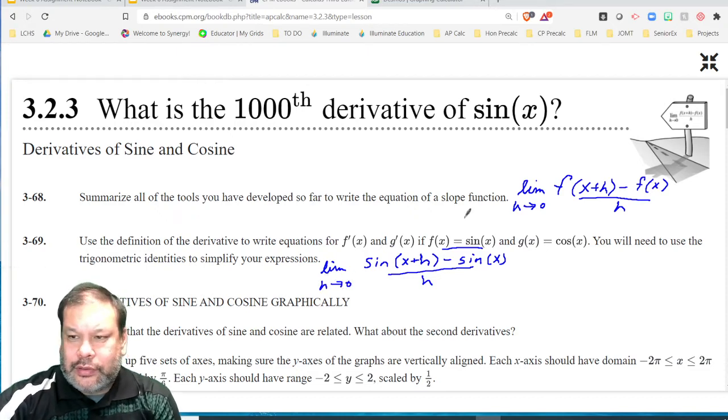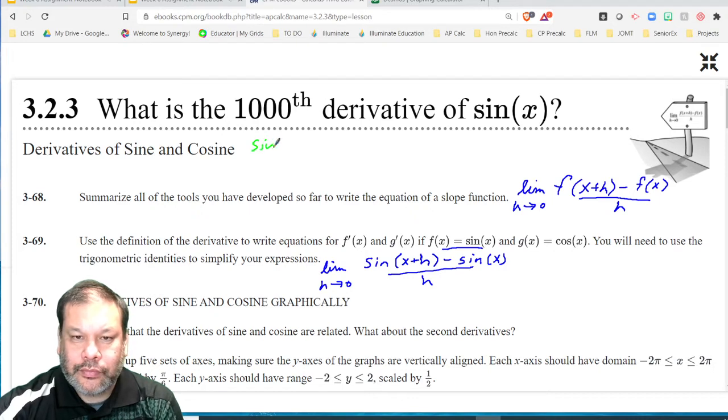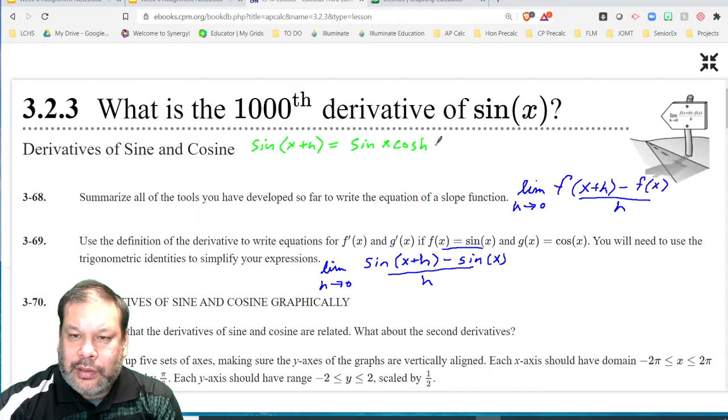So this is where the trig identity or angle sum identity comes in handy, because we know that sine of two angles is going to equal sine of x cosine of h plus cosine of x times the sine of h.